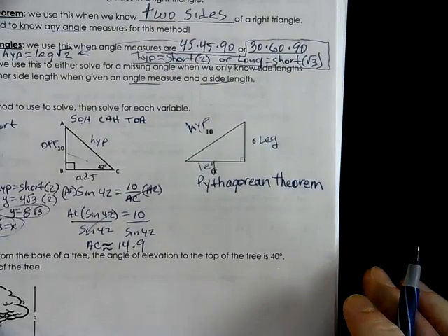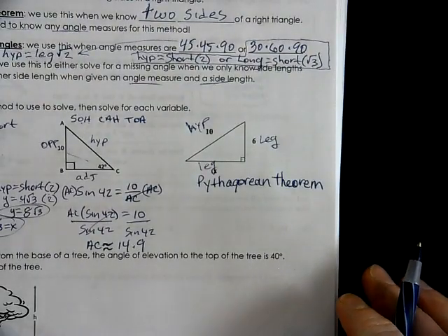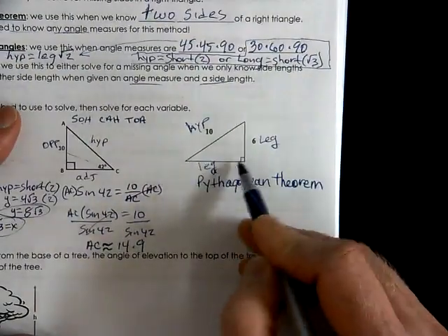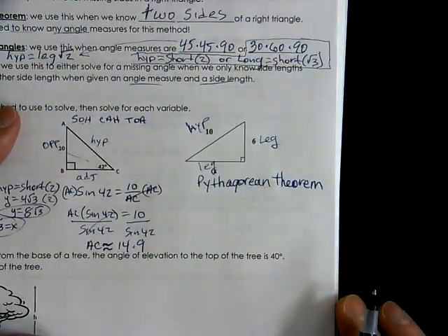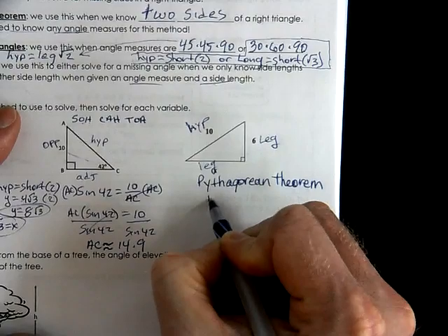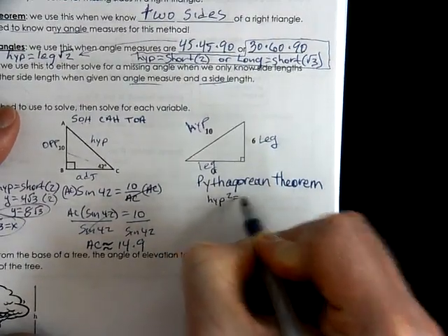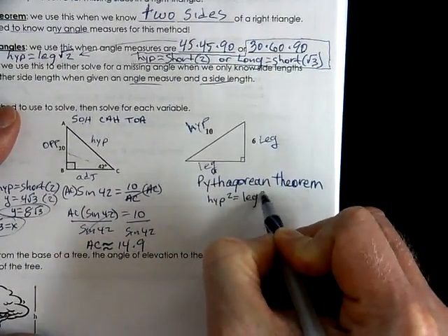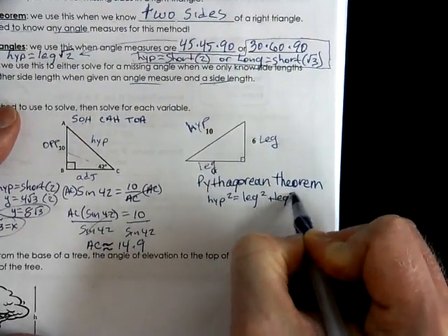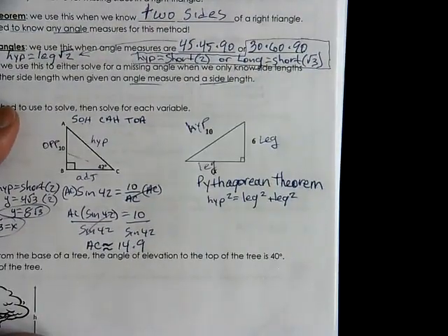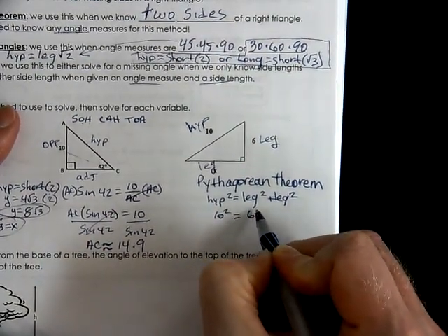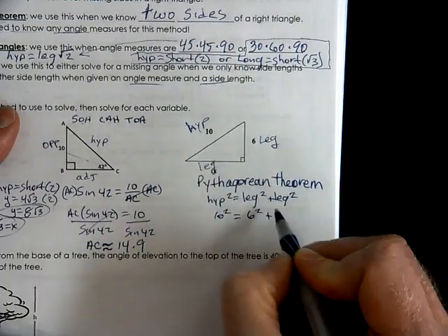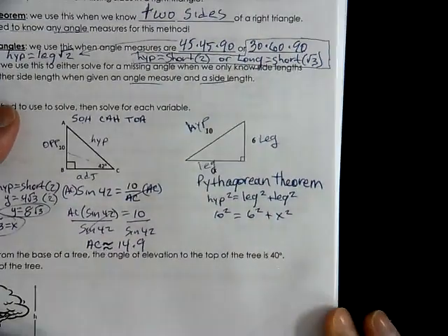Doesn't matter which one's longer, shorter. For Pythagorean theorem, we just need to know what makes up the right angle and what makes up the hypotenuse. So the formula is hypotenuse squared equals leg squared plus leg squared. So 10 squared equals 6 squared plus our unknown side squared.